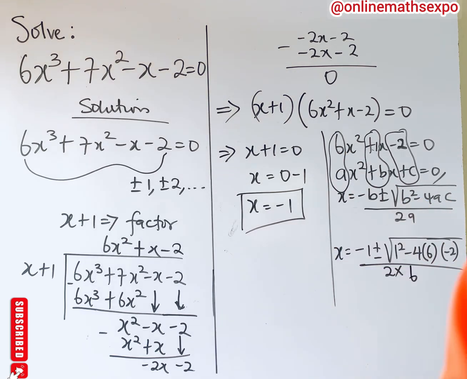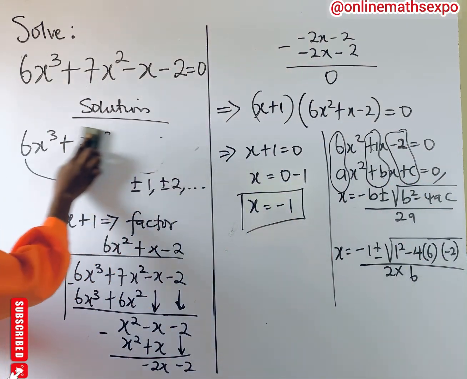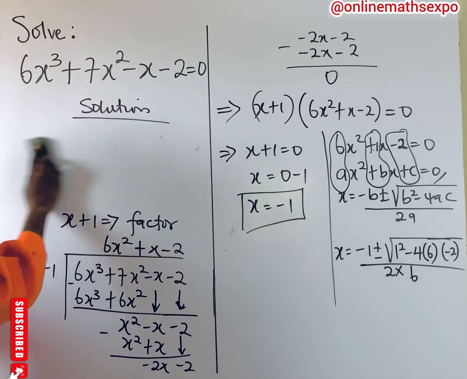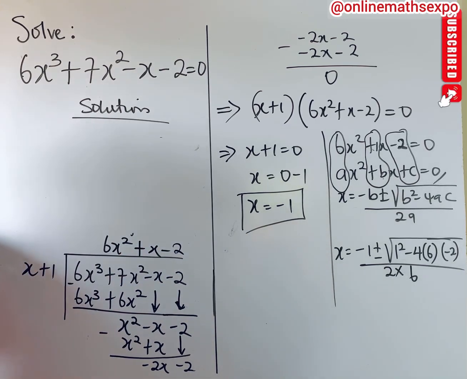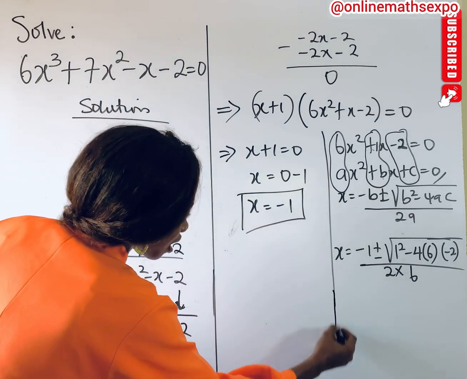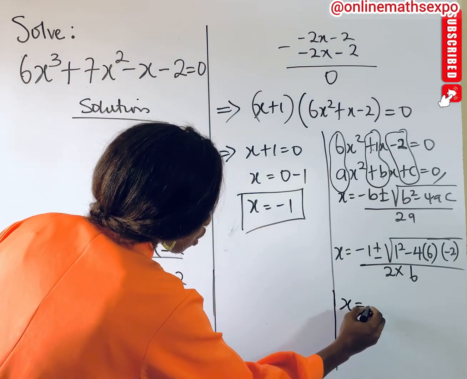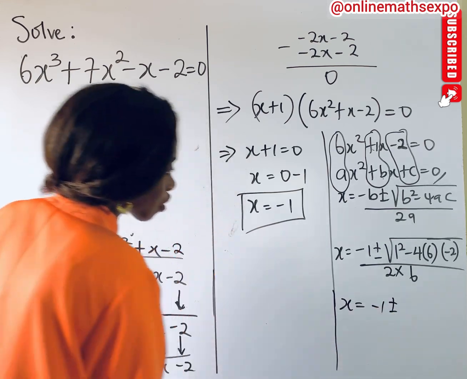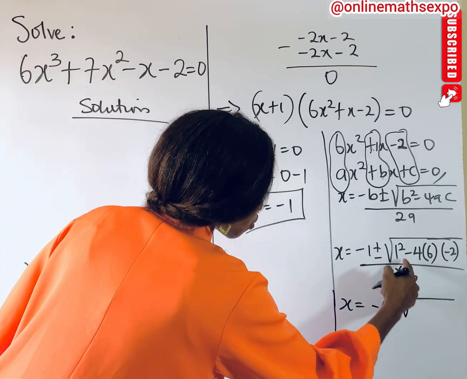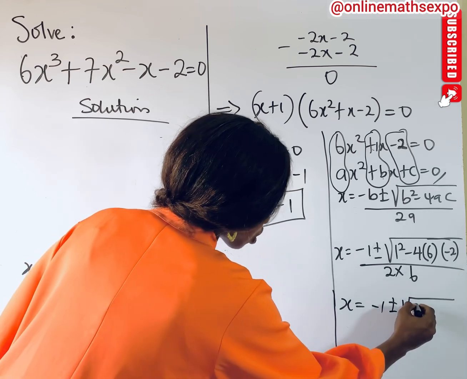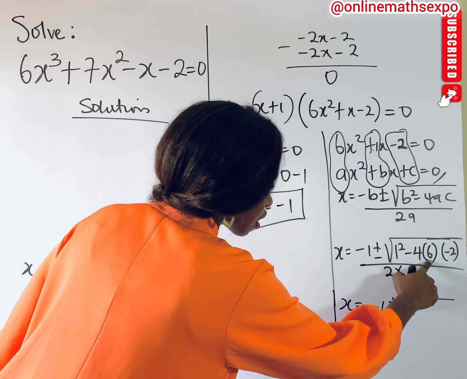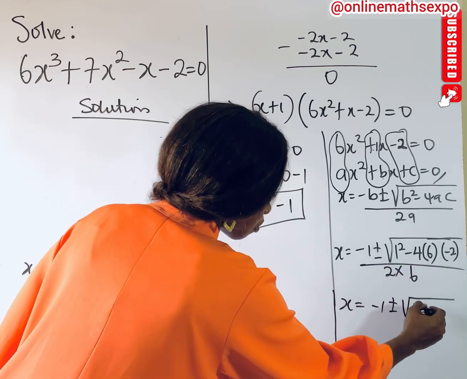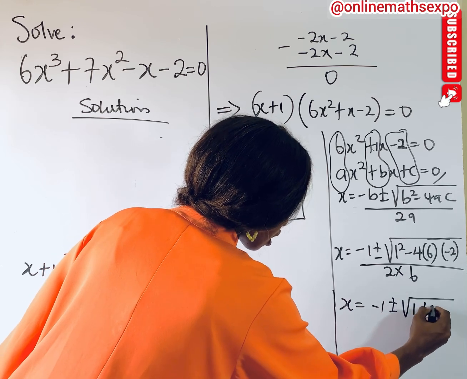So let's simplify again. So we now have x is equal to negative 1 plus or minus, we now have 1 squared is 1 times 1, which is 1. If you multiply this, it gives you 24, plus this will give us 48.